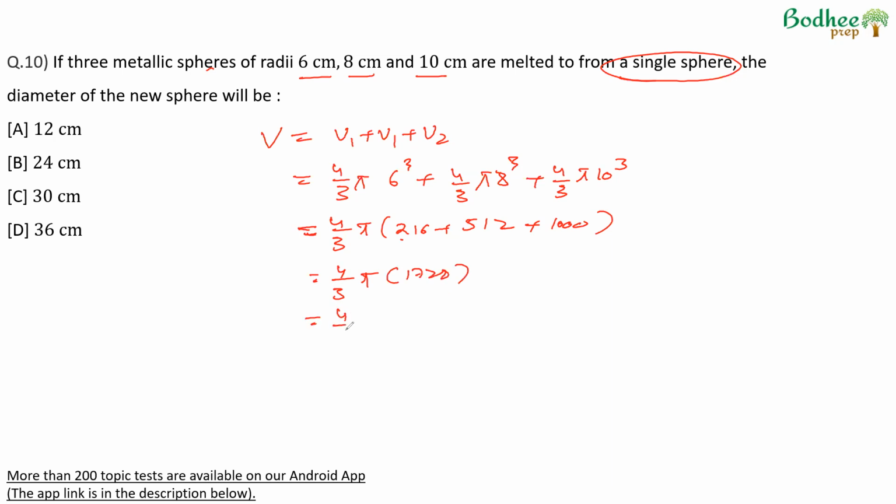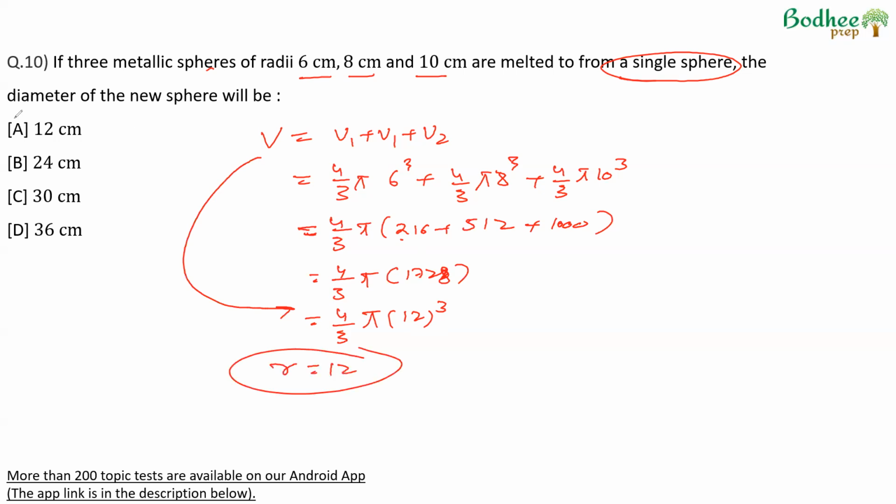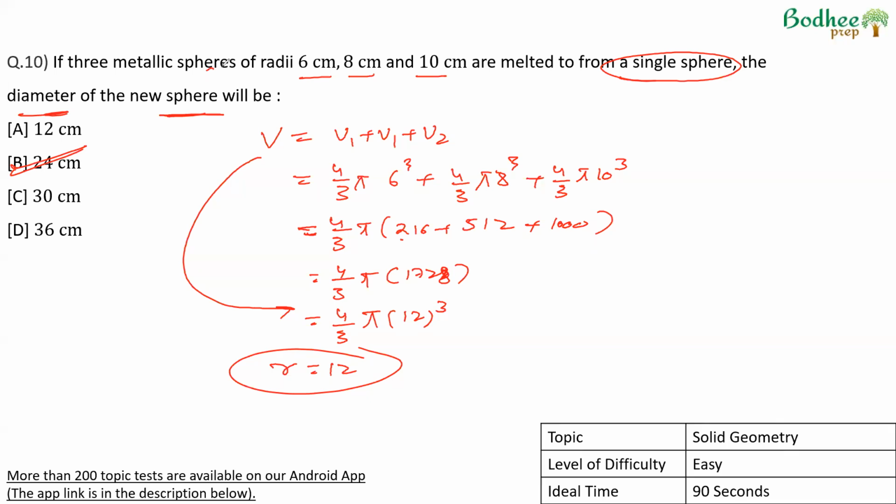This is nothing but 4 by 3 pi 12 cube. And therefore, we can say that the volume of the new sphere is 4 by 3 pi 12 cube, which means radius of the new sphere is 12. We have to find the diameter of the new sphere, not cube. The diameter will be double of 12. That is 24 centimeter, becomes my answer. Basic question, maybe a minute and a half to solve.